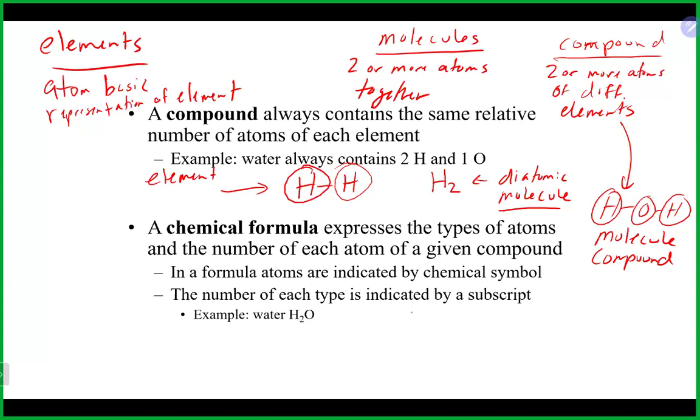So when we look at the formula here for H2O, the subscript always goes to the element to the left. So that would mean we have two hydrogens here. And if there is nothing written, it's assumed to be one of something, and that would give us our one oxygen. So when we write a chemical formula, the subscripts, little numbers, go to the element to the left to represent how many atoms of each of those elements we have.